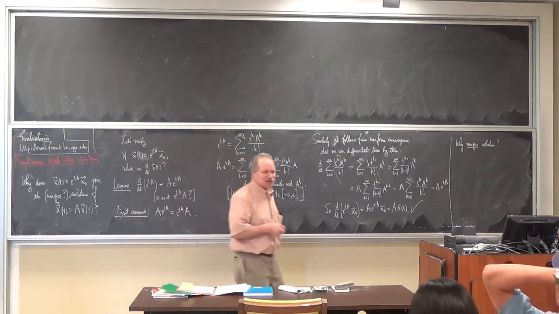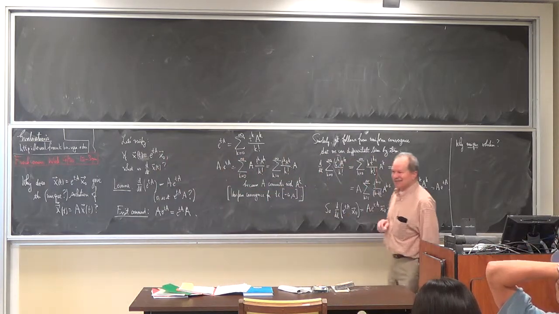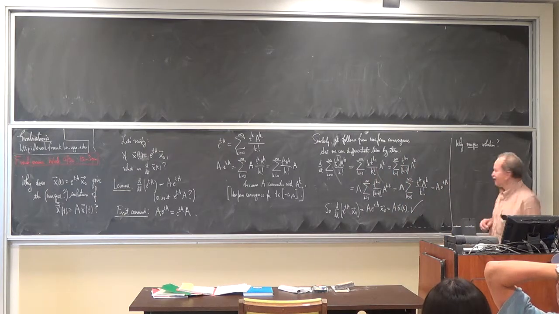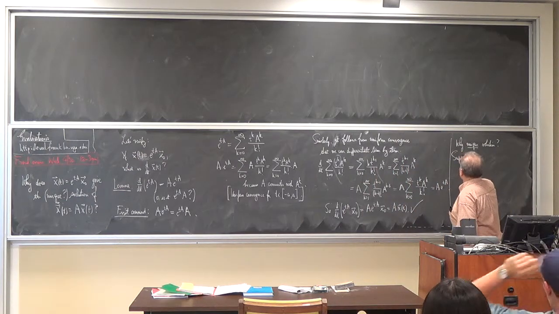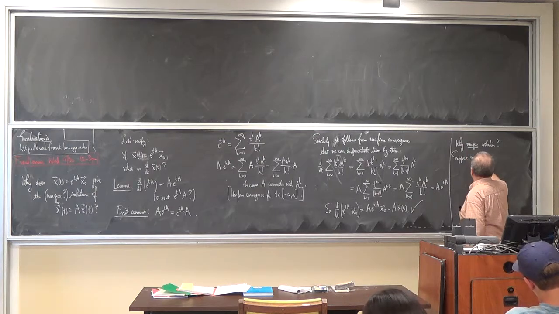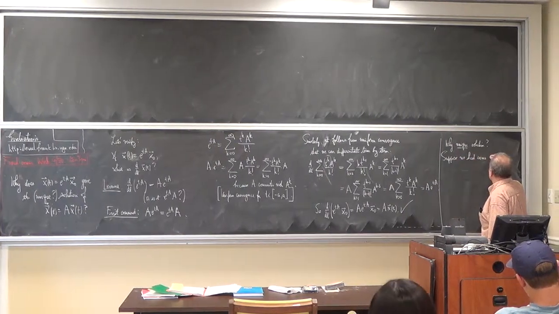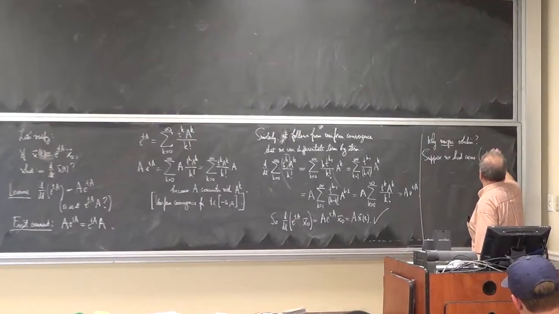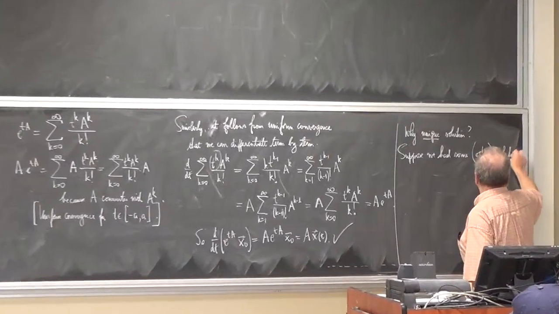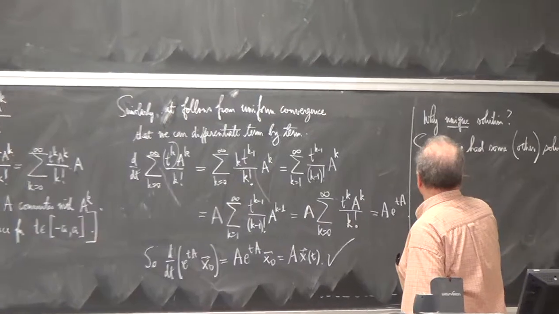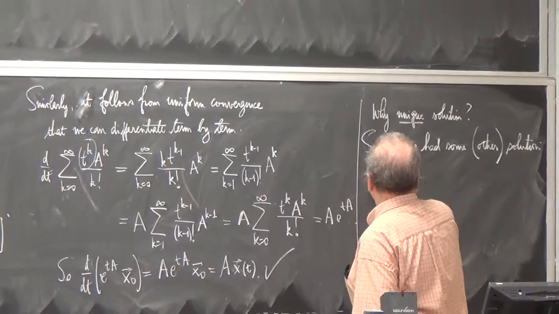And how do we show him he's made a mistake and it really was the same solution? Let's suppose that's it. So suppose we had some presumably other solution. Let's call it y of t.